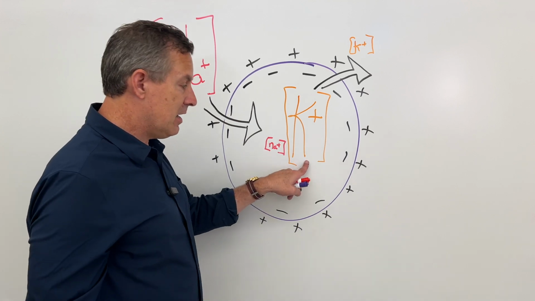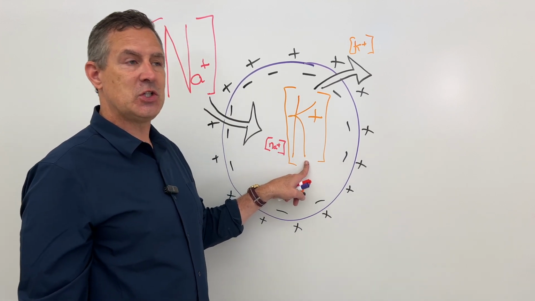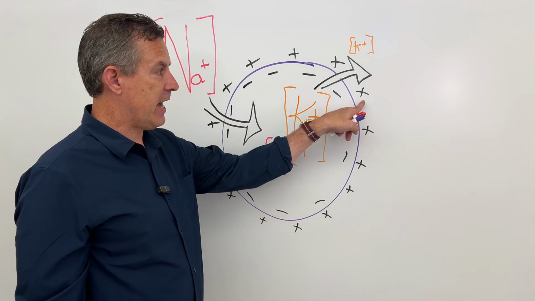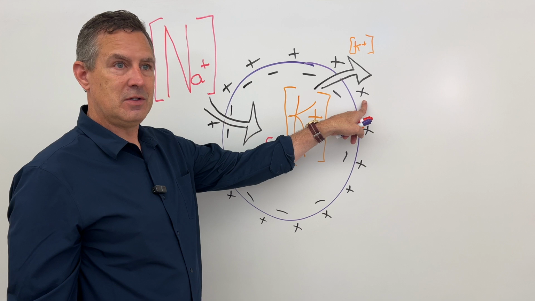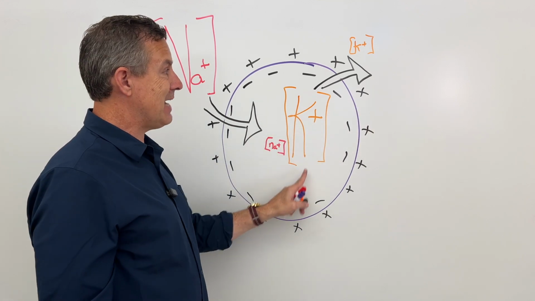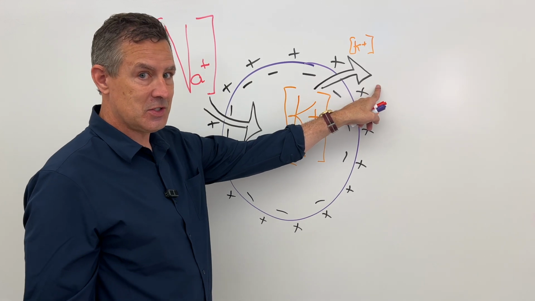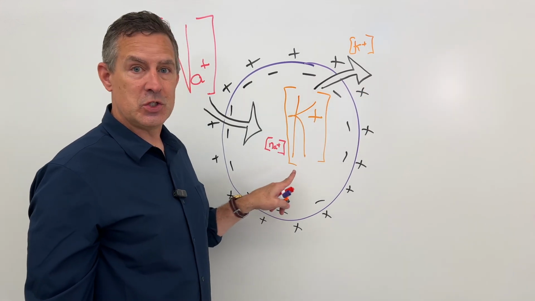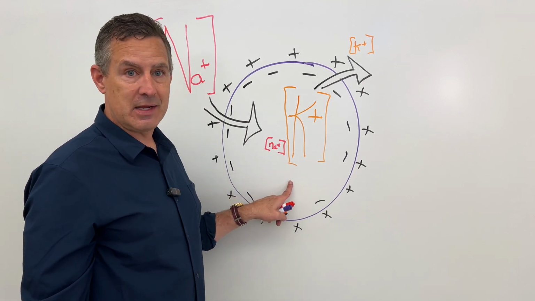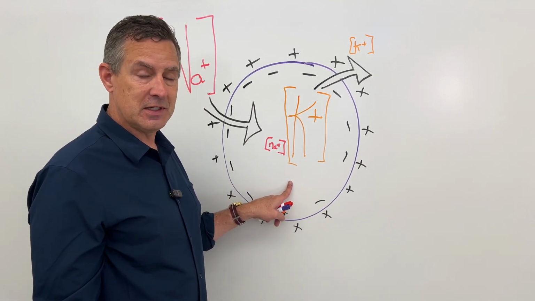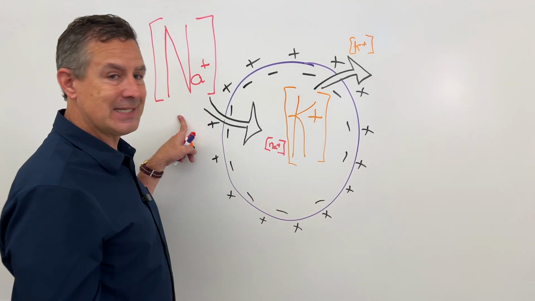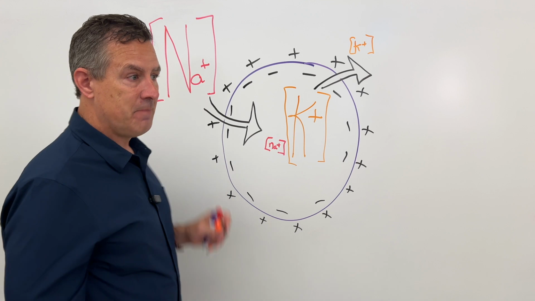But because potassium has such a large chemical gradient, it disregards the fact that it doesn't want to be around the positive charge on the outside of the cell. So potassium is still leaving the cell. For this reason, we say potassium only has a chemical gradient favoring it to leave a resting cell, whereas sodium has an electrochemical gradient.